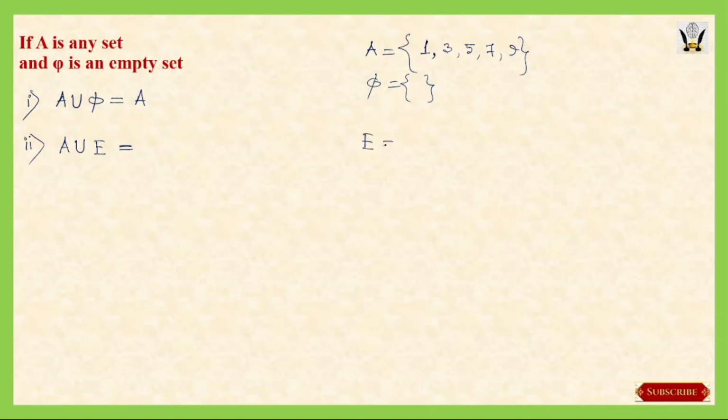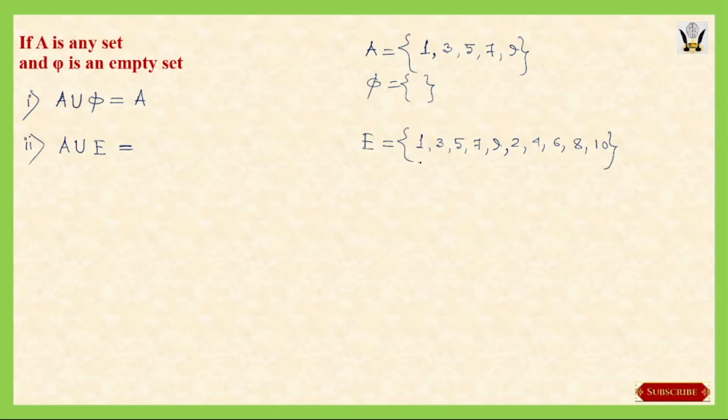Now let's assume that the universal set has the elements 1, 3, 5, 7, 9, which are the elements of A, and apart from that it has other elements like 2, 4, 6, 8 and 10, and A has these 5 elements.